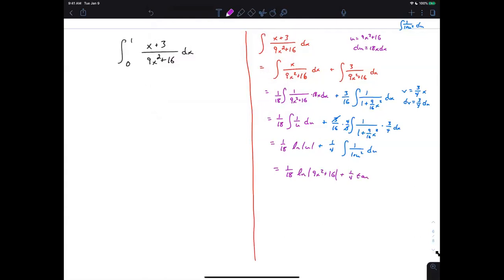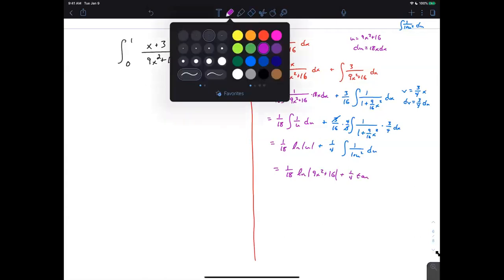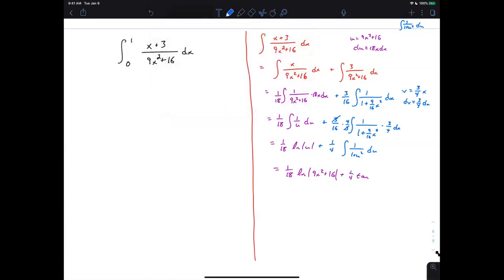My bad, those are v's. Let's make this all blue. And v though was 3x over 4. I'm skipping one step there, but we get that. Does that make sense so far?